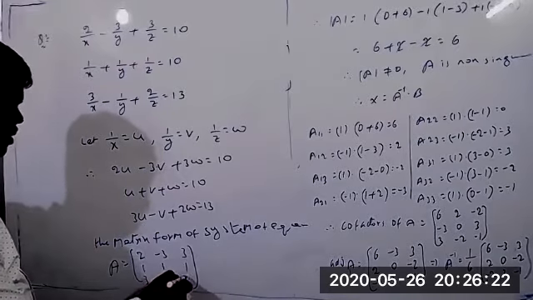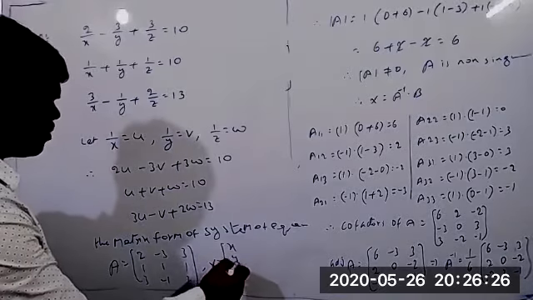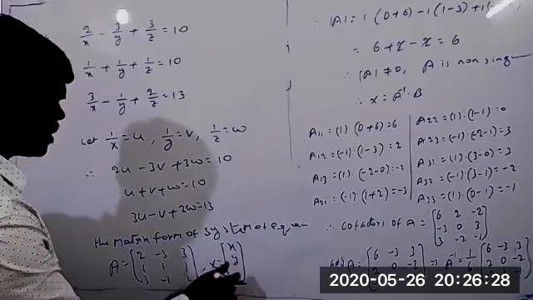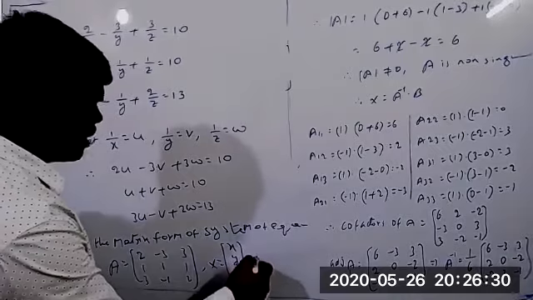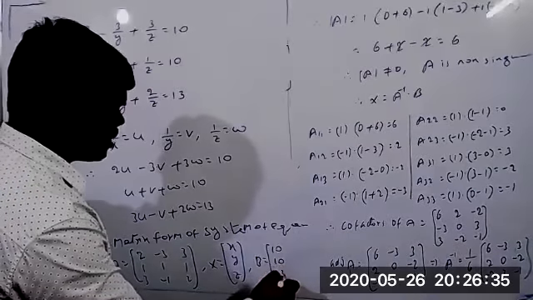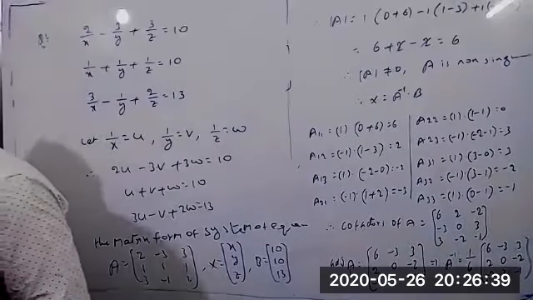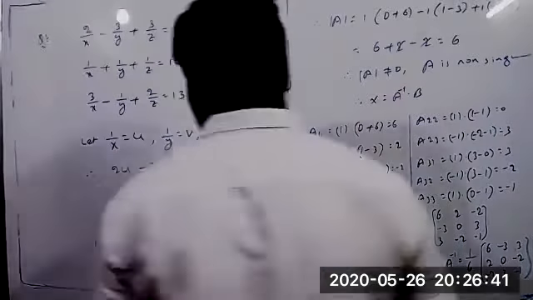And the matrix X we can write as x, y, z, and the matrix B equals 10, 10, 13.